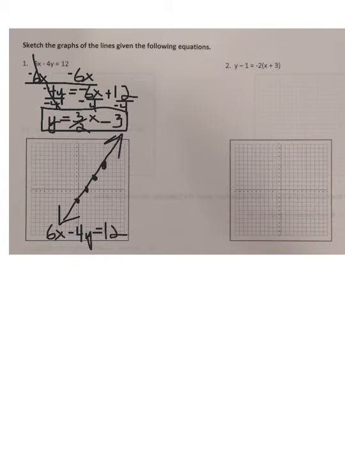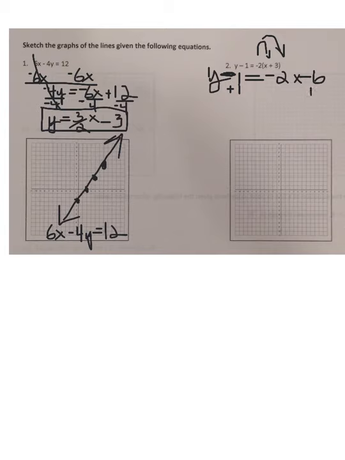So number 2, again, we want to get this to say y equals mx plus b. I hope that you do realize, though, that the first thing I actually want to do, before I move that negative 1 over to the right-hand side, let's distribute first. So I'm going to have y minus 1 equals, and that's going to be negative 2x minus 6, and now I can go ahead and add that 1.